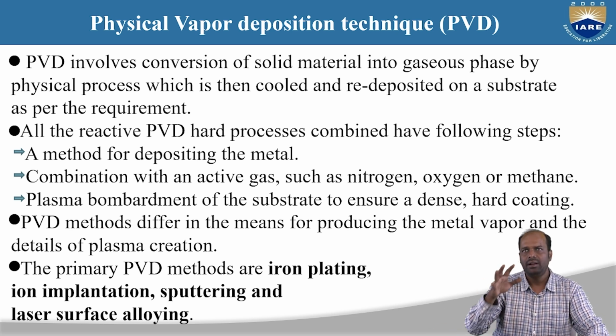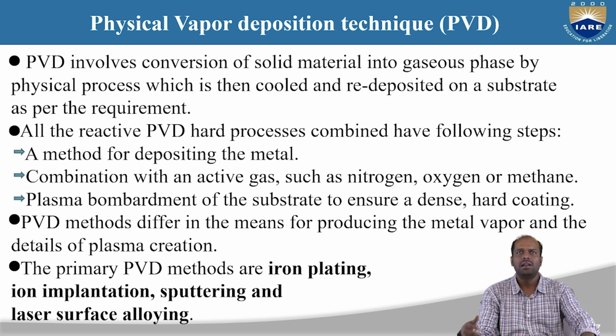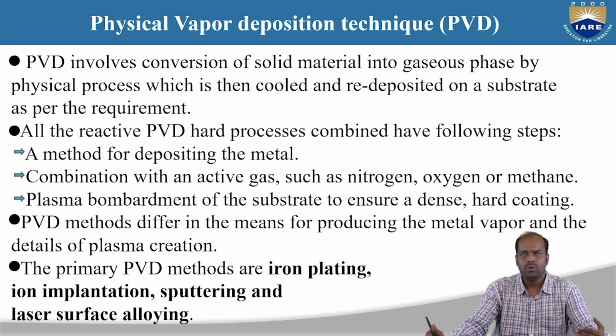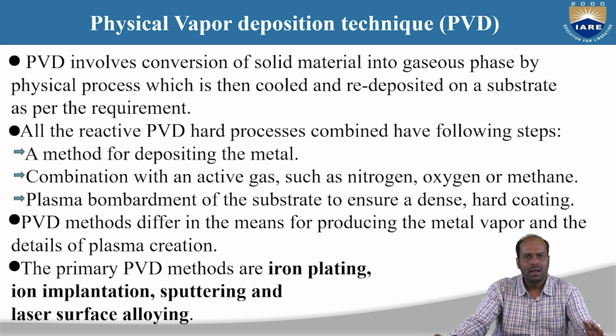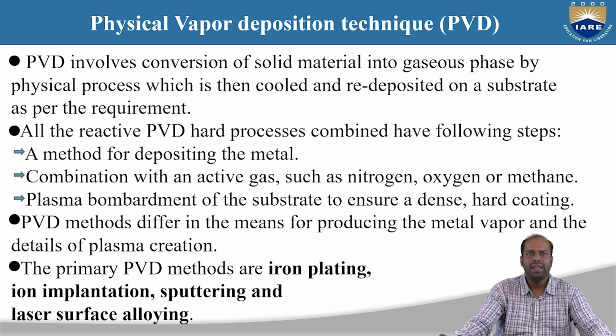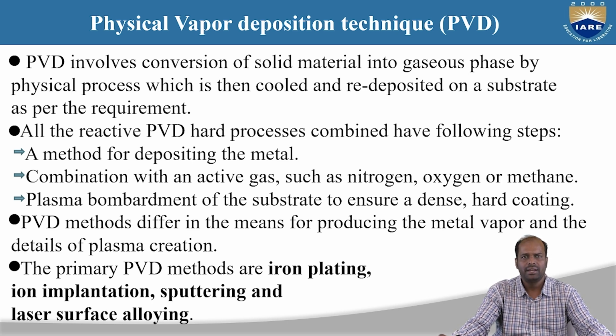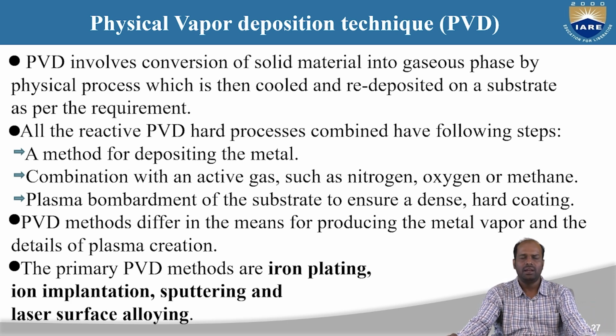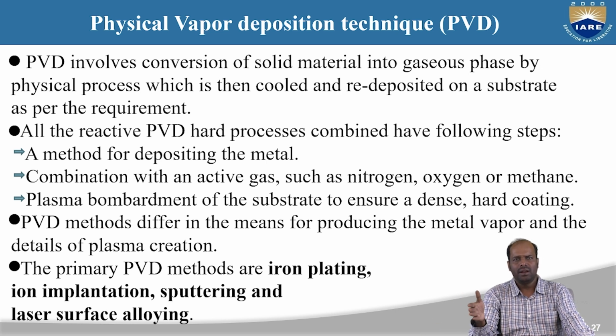These are the different deposition techniques, a physical process in which the material is then cooled and redeposited on a substrate as per our requirement. What are the major steps involved in the physical vapor deposition technique? For depositing metals, people generally use the sputtering technique.